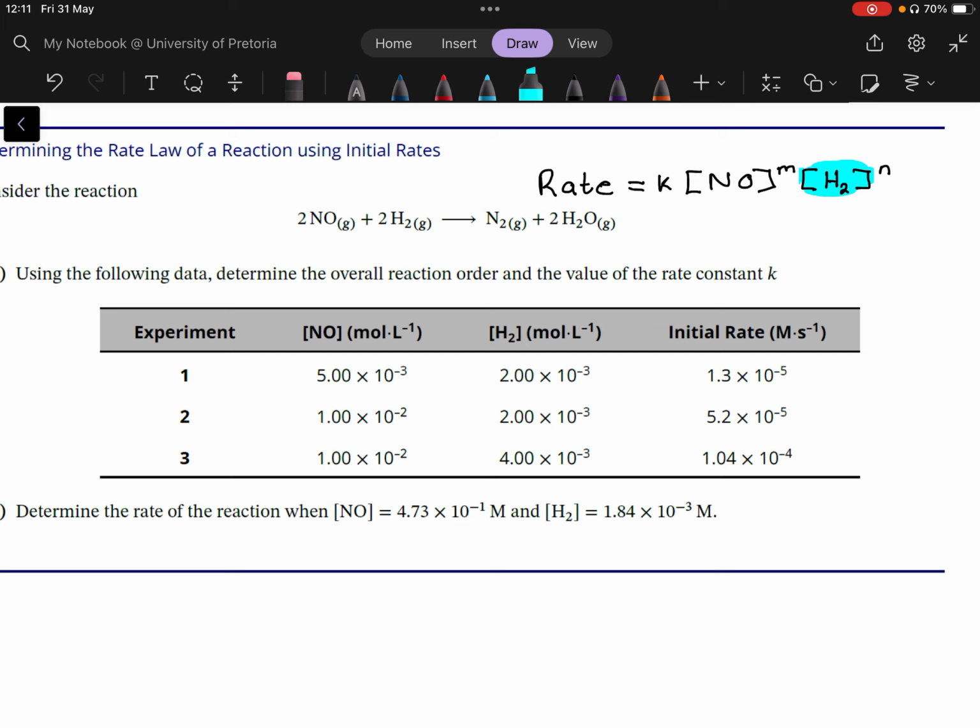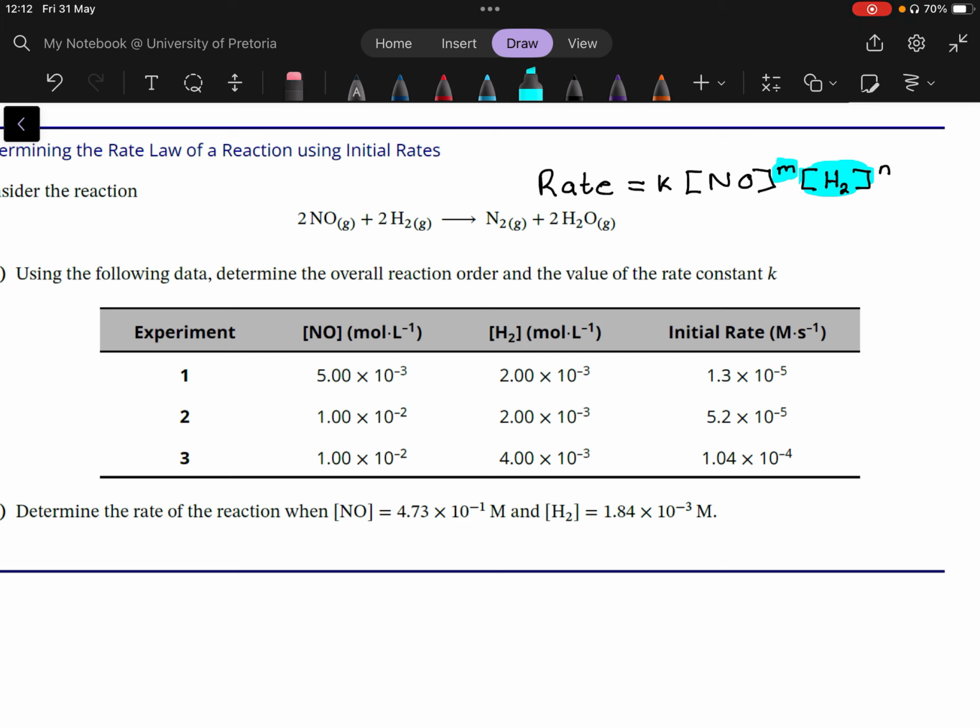Then in the next experiment, we again have a concentration of H2 of 1 molar, but we double the concentration of NO to 2 molar. And we see what happens to the rate. Does the rate double? Does the rate triple? By doing that, we can identify what this M implies.